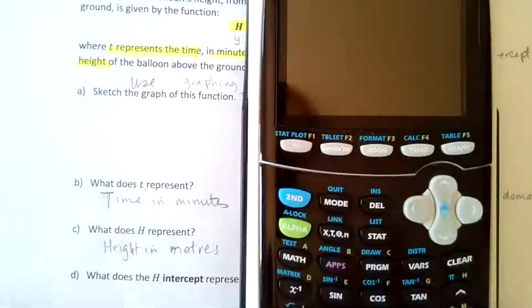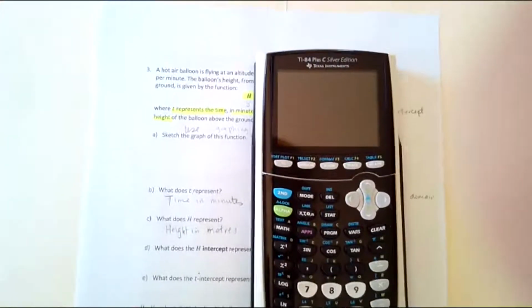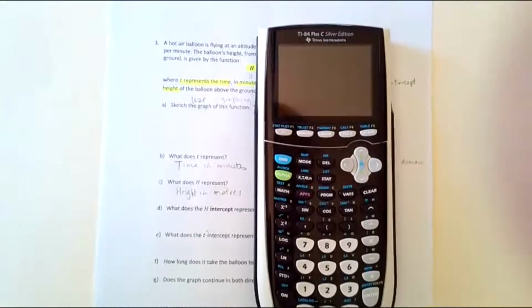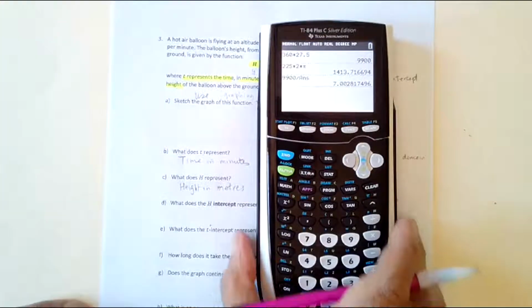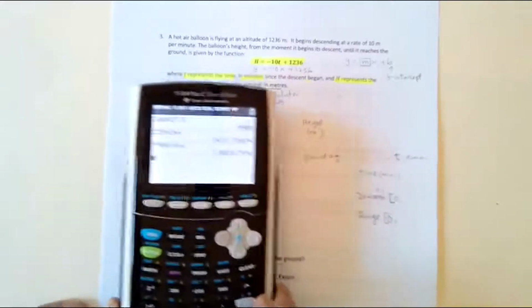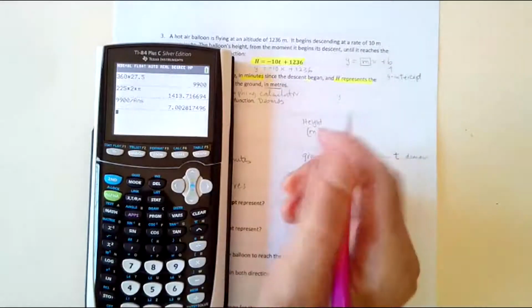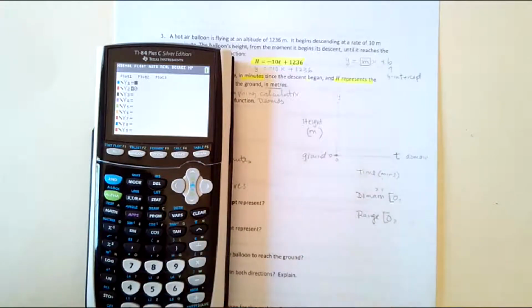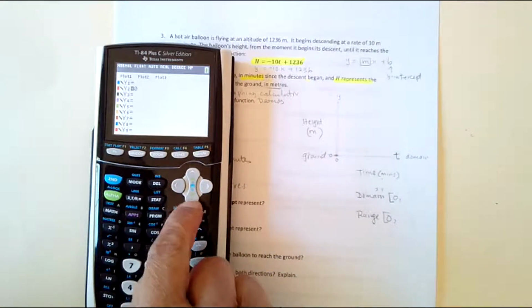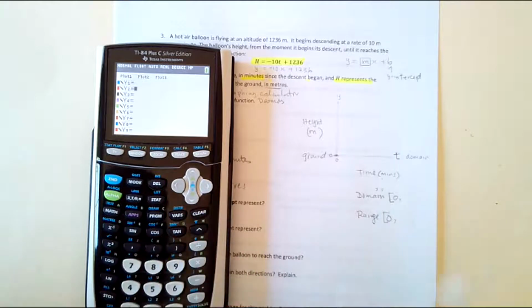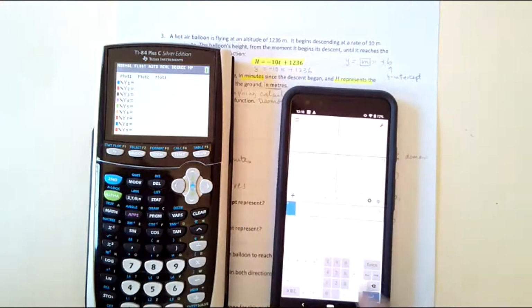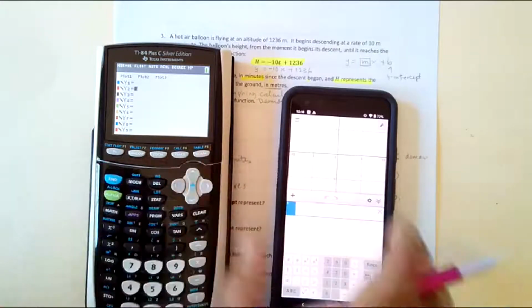So I'm going to show for both. Now, I'm going to clear my graph, make sure I have nothing in there. Okay. I'll clear this now. Also use Desmos to get my graph.